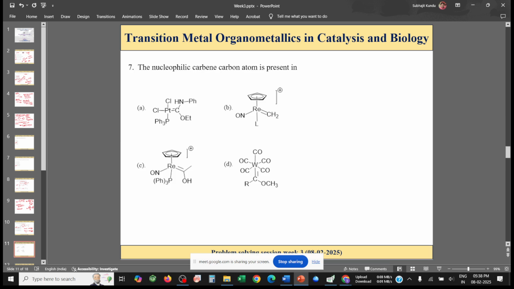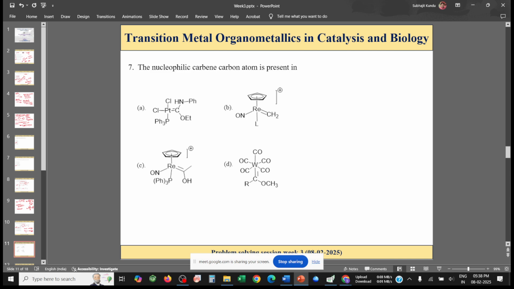Next is the nucleophilic carbene carbon atom is present in. So in the last question I described different types of carbene systems, that is Fischer type, Schrock type, another is N-heterocyclic carbene, Guy-Barton's carbene, Arduengo carbene.